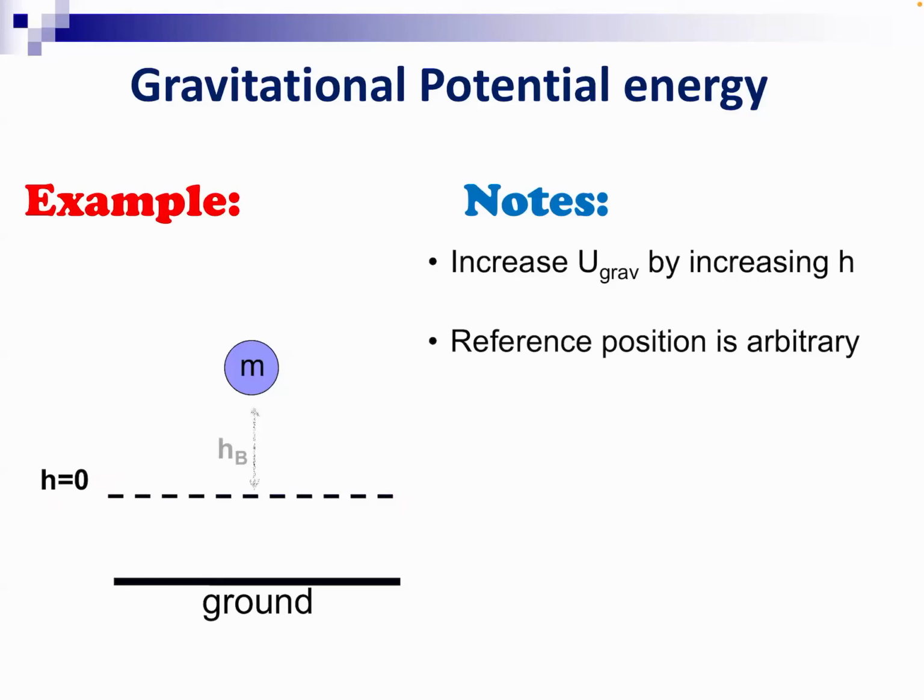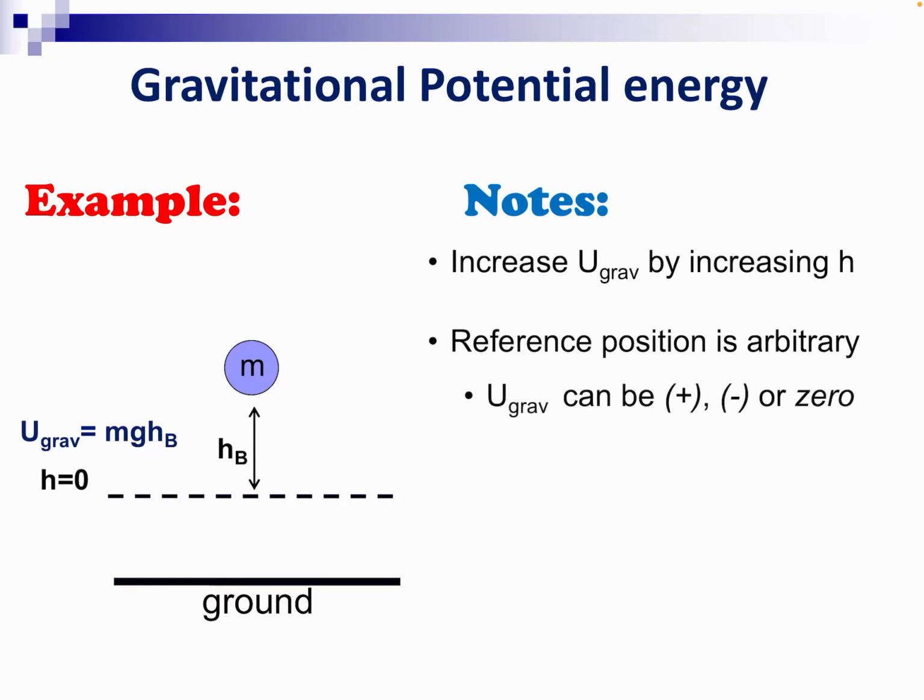And in this case, you then measure the elevation relative to your chosen reference height. So say the elevation is h_B, then the gravitational potential energy will be different, right? Because the elevation is different from when you use the ground as your reference height. So in the second case, the gravitational potential energy is mg times the height h_B.